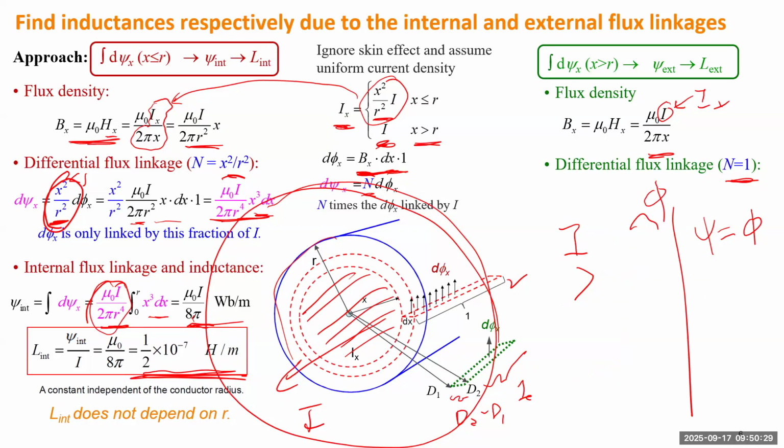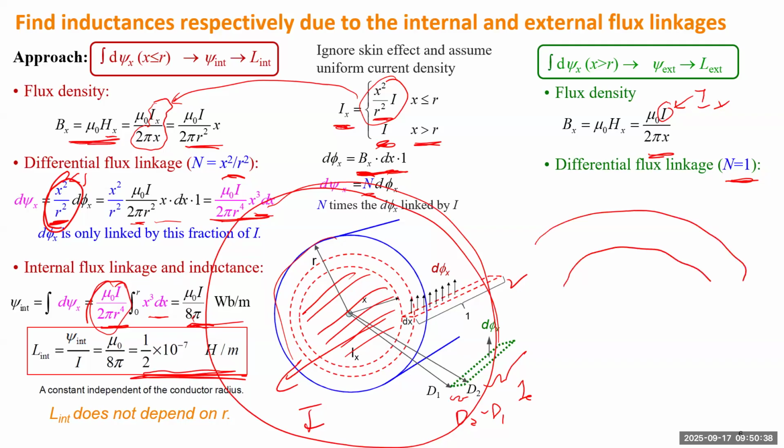Inside, we have to go to the inside of this conductor. So this is the total current I. But the flux is not outside the conductor, it's actually inside the conductor. This is phi.